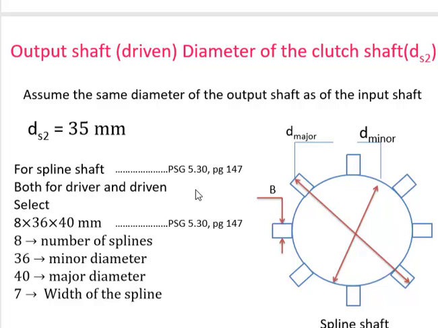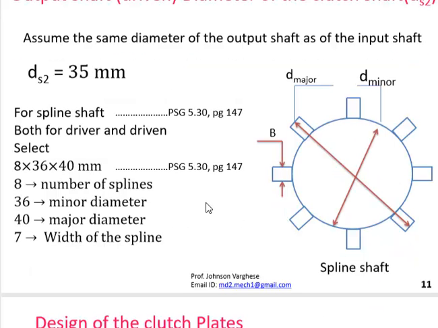Since both the shafts are of the same dimensions, I will try to select a spline shaft which is close to this value called 35 mm. For exact 35 mm there is no particular spline shaft that is available, but a shaft that is very close to 35, that is 36 mm, is available.